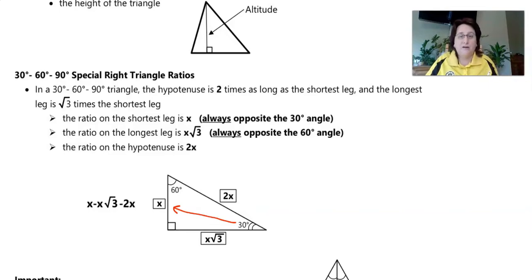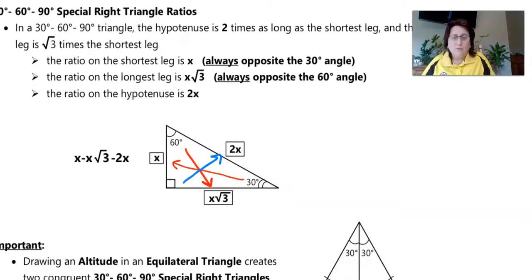The ratio of x square root 3 is always on the longest leg, across from the 60-degree angle. And the 2x ratio is always the hypotenuse, across from the 90-degree angle.